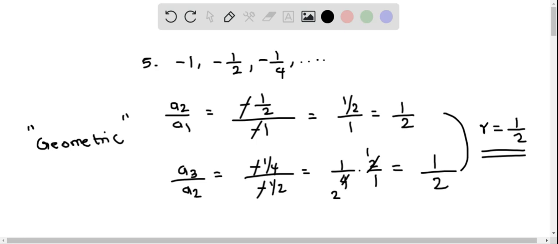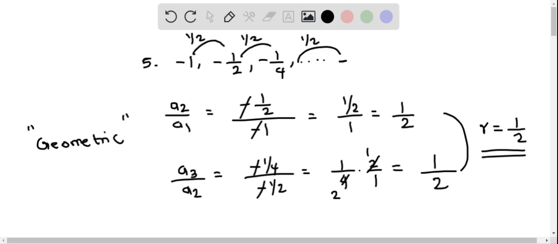And so we can find the next two terms. We multiply this negative 1 with 1 by 2 to get negative 1 by 2. Similarly, we multiply this negative 1 by 2 with 1 by 2 to get negative 1 by 4. So therefore, to find the next two terms, we multiply the previous term, that is negative 1 by 4, with 1 by 2.